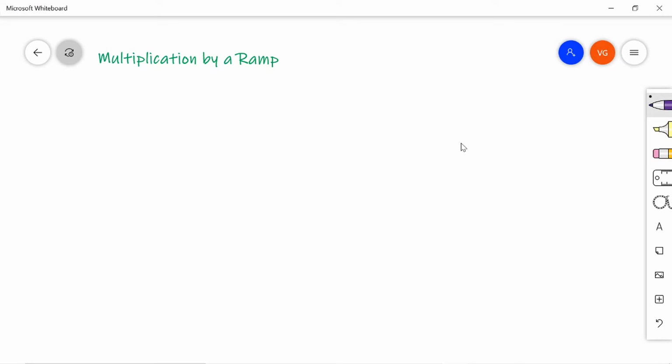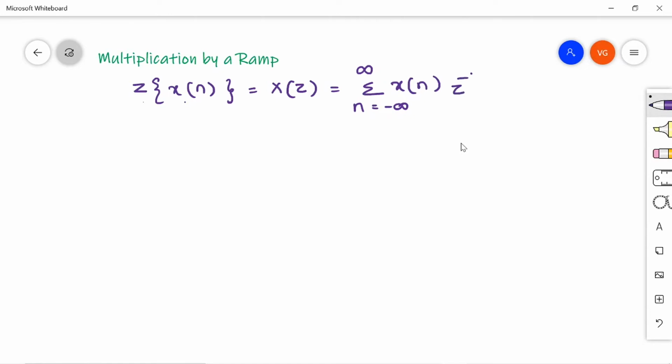Next property is multiplication by a ramp signal. So if you are considering x of n as your discrete time signal, the z transform of x of n can be written as X of z, and by definition I am expanding this as sigma n running from minus infinity to infinity x of n z power minus n.